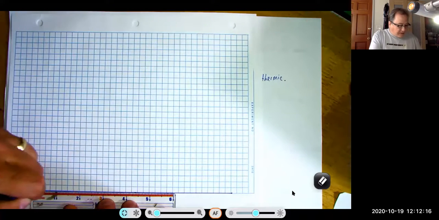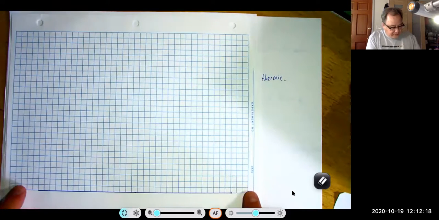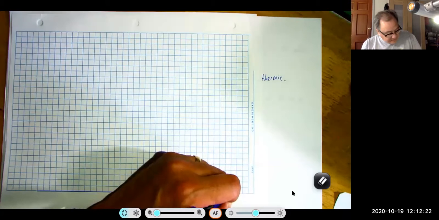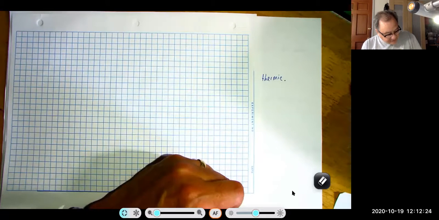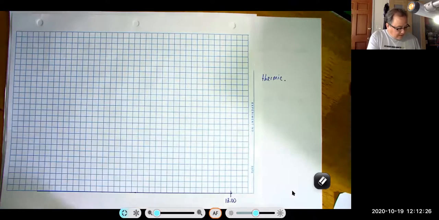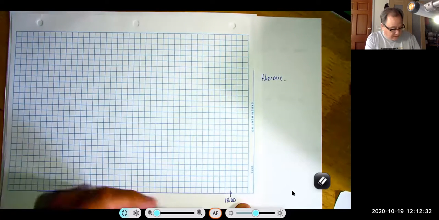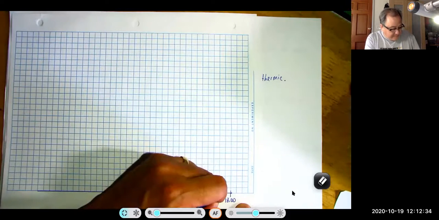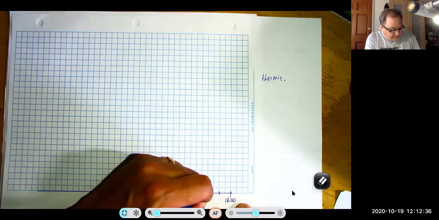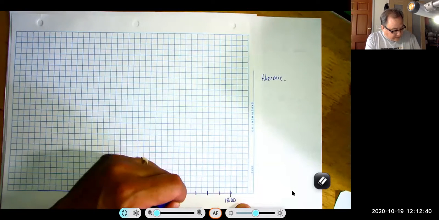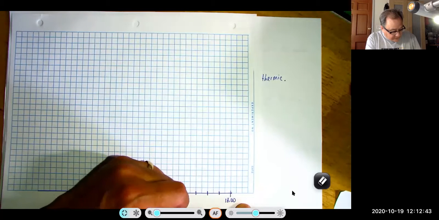And I know that there's about 40 squares here. So I'm going to make this 18.00. And I think what I'm going to do is every 2 squares will be a 1, if you will. So this will be 17, this will be 16, this will be 15, and this will be 14.00.